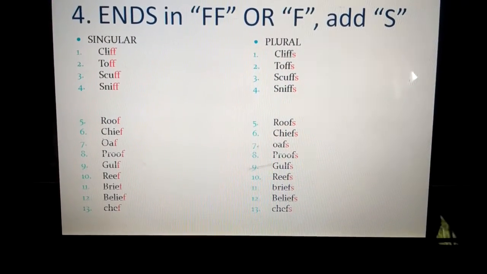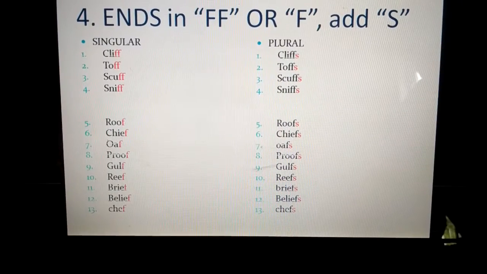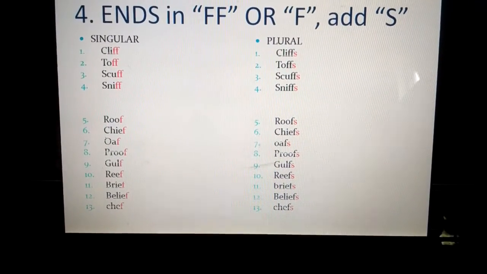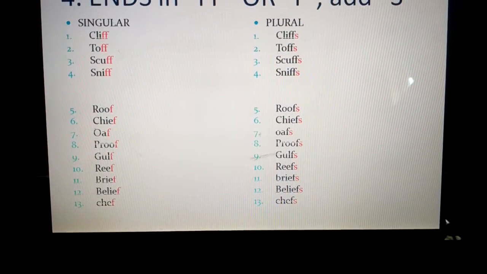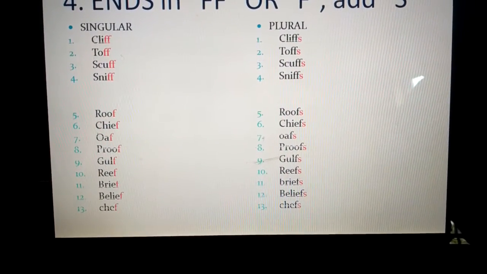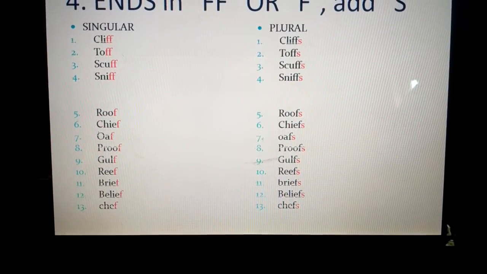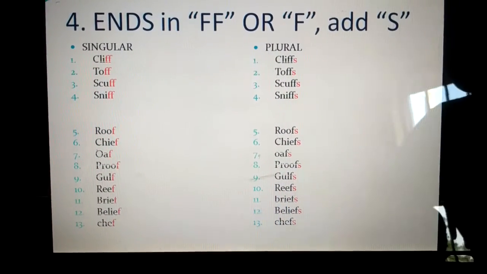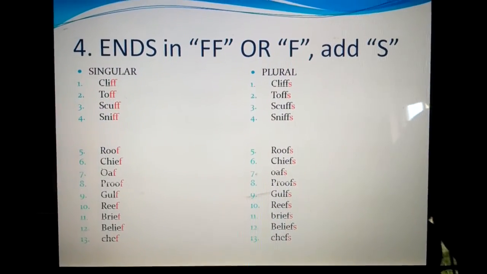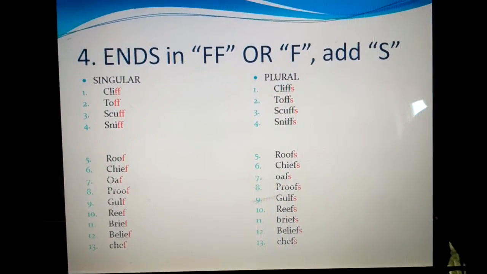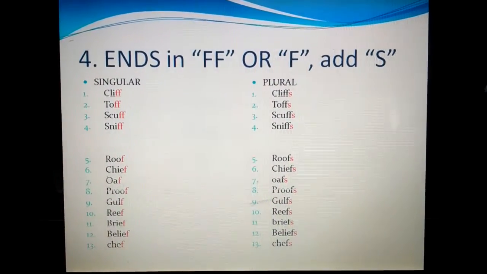Scoff, scoffs. Sniff, sniffs. Roof, roofs. Chief, chiefs. Proof, proofs. Gulf, gulfs. Riff, riffs. Brief, briefs. Belief, beliefs. Safe, safes. Again, I repeat, if anybody has any confusion about the meaning of a word, ask me in the comment box.